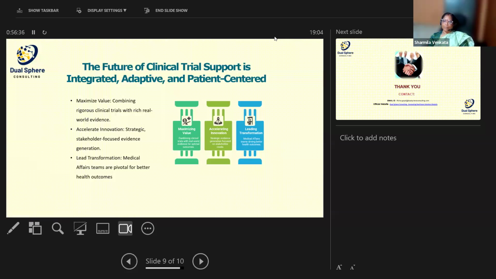For example, global patient registries can feed real time safety and effectiveness data to regulators. So, if safety concerns arise, treatment guidelines can be updated quickly, reducing harm and improving patient care.